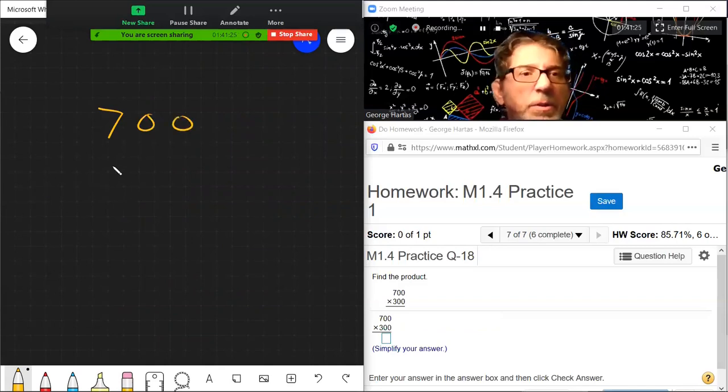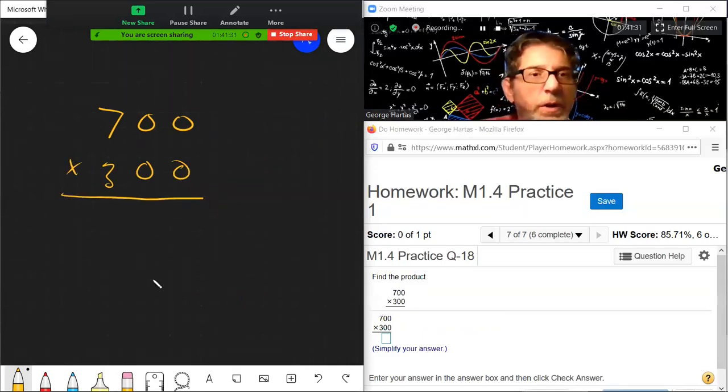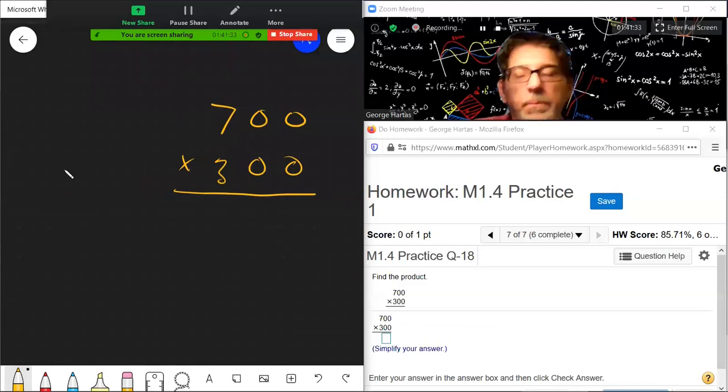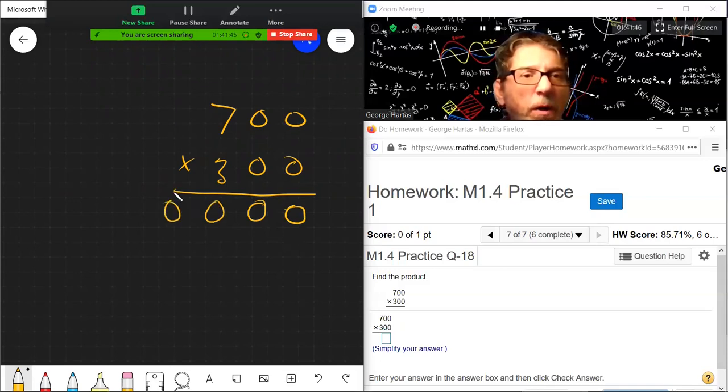700 times 300. And I should have started a little bit that way, so let me just drag this over. There we go. I see 2 and 2, 4 zeros to the right of both numbers altogether. So I'm going to bring them down. 1, 2, 3, 4.